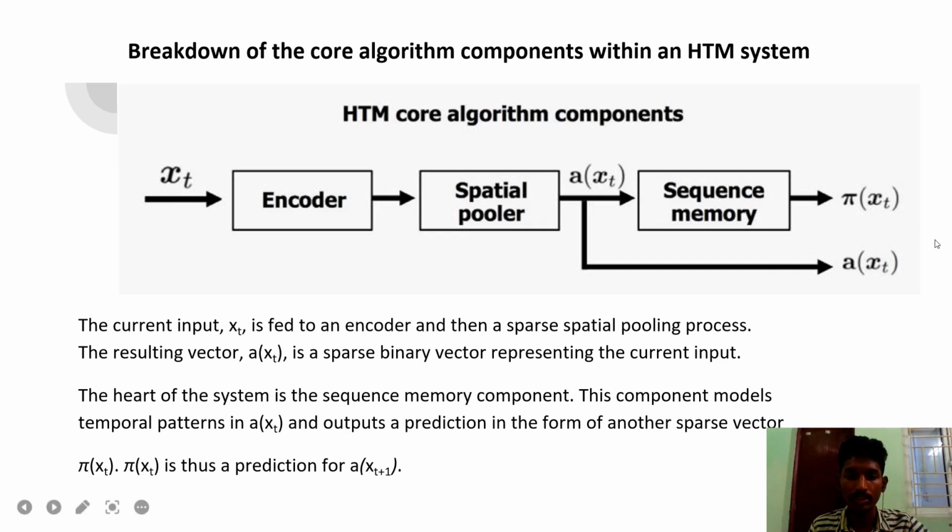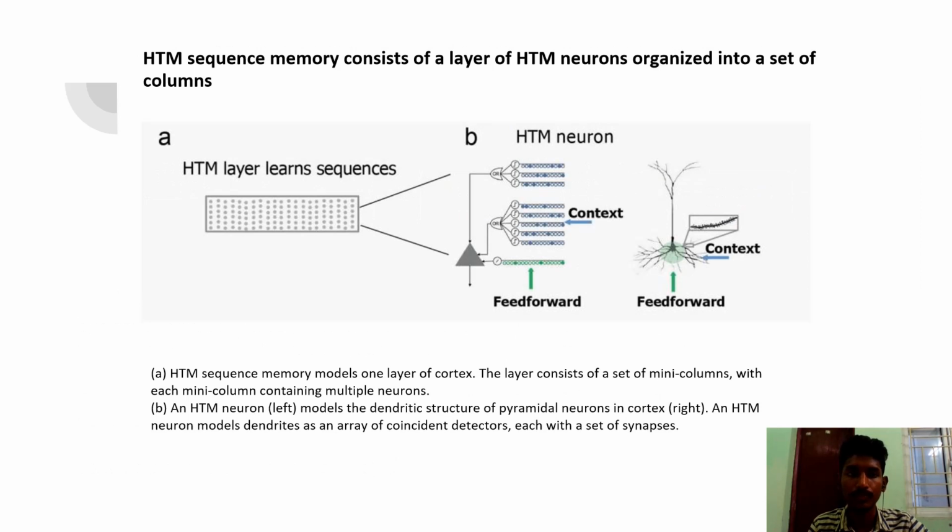Here you can see a(xt). And then the sequence memory, it is the heart of the system. This component models temporal patterns in a(xt) and outputs a prediction in the form of another sparse vector pi(xt). Here you can see pi(xt) is a prediction of a(xt+1).